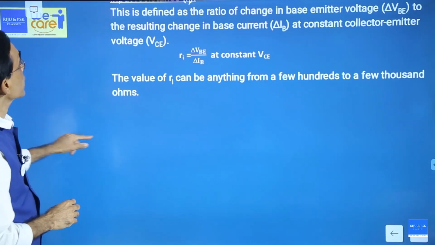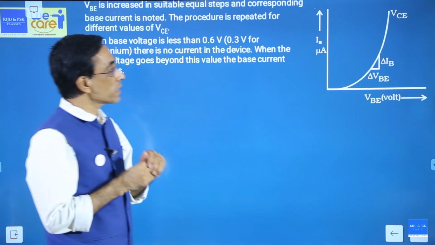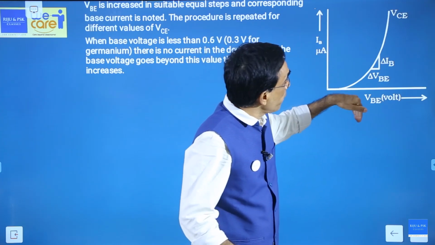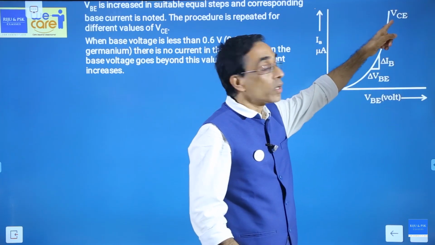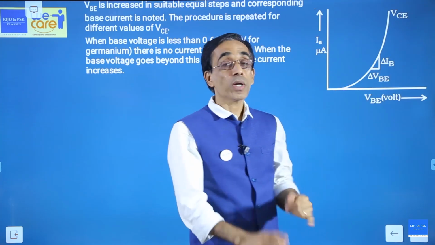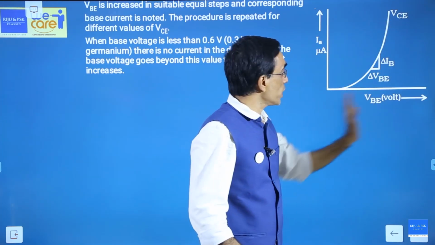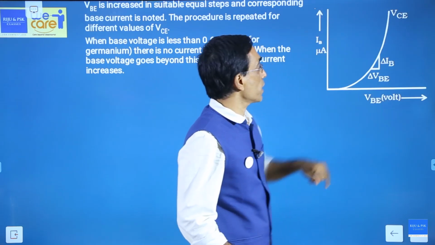It's not given here, maybe missing. Input characteristics is this one. It is a variation of the base current with the base emitter voltage at a constant collector emitter voltage. What should be kept constant? The collector emitter voltage should be kept constant. Then you vary this and find out the variation.